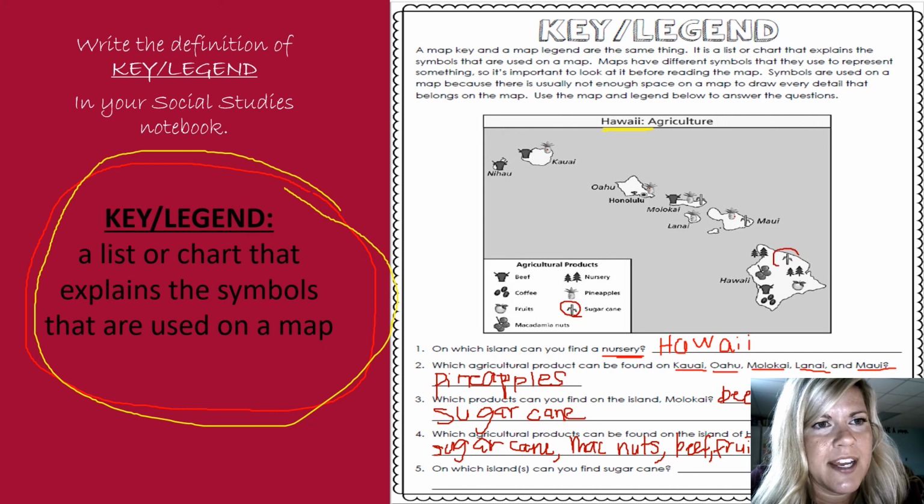So already I can see Hawaii does. Maui. There's another little sugar cane that is on Molokai.